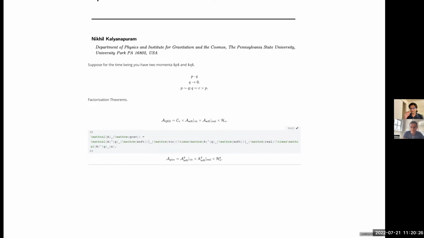You remember that you had a p squared in the numerator, while you had only a p in the case of QED. Well, it turns out that p squared has the effect of dampening the collinear piece. So when you check your collinear amplitude and use the factorized form of the amplitude, and you take into account all of the right polynomial features of it, then the nature of the factorized amplitude in gravity ensures that the collinear piece is washed out.